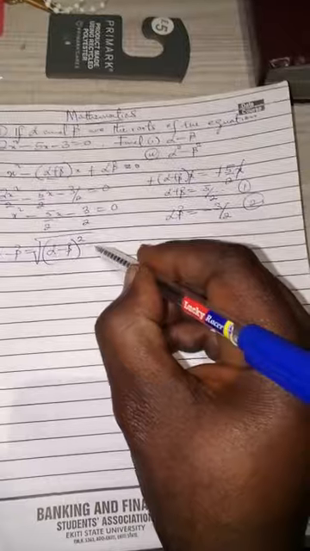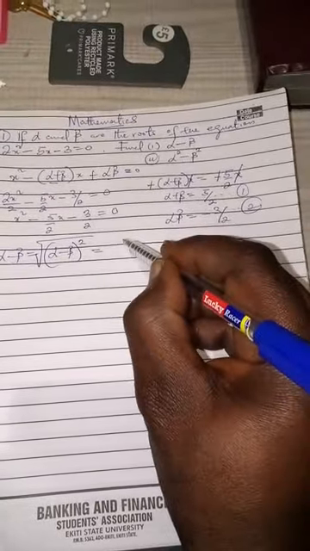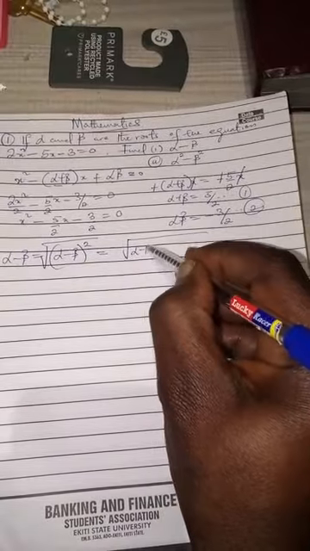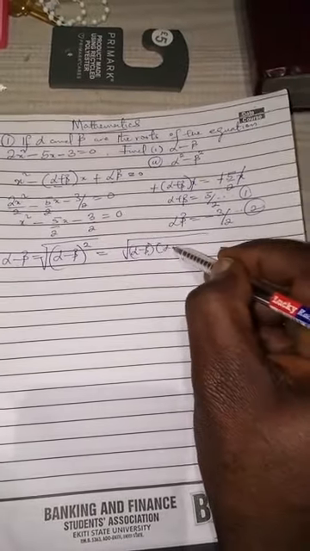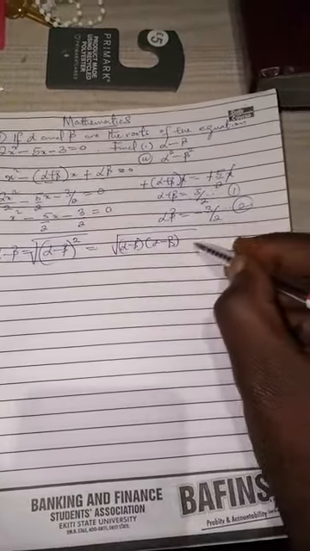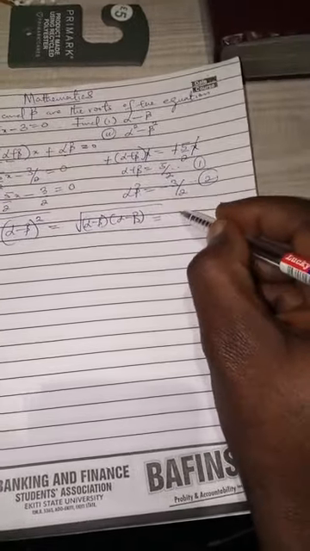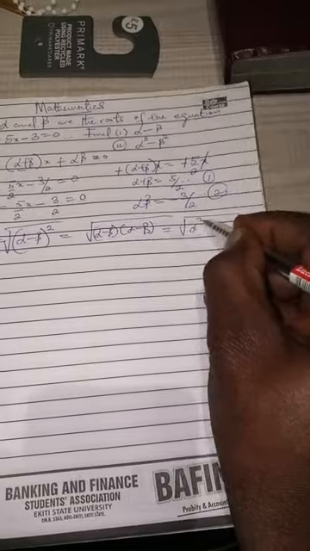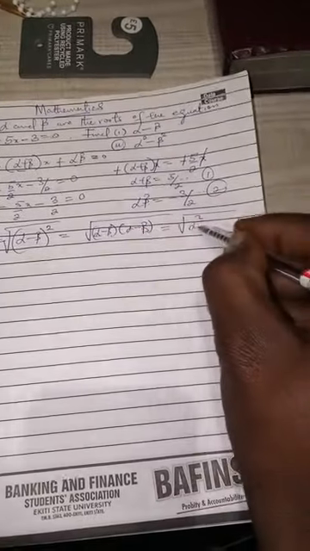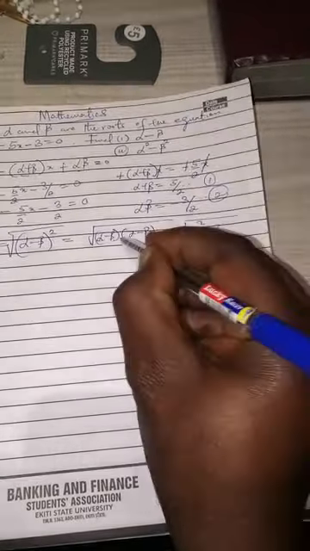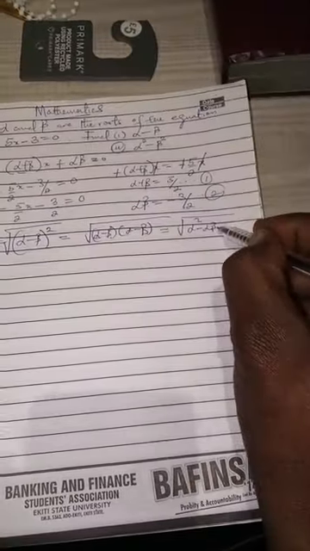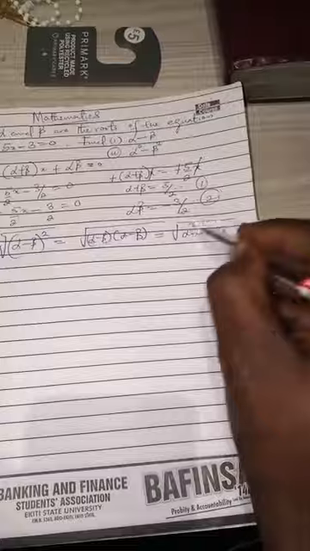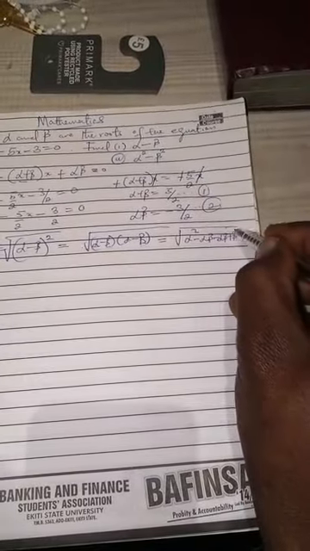How are we going to do it? You just expand it. So it's alpha minus beta times alpha minus beta. So that equals, alpha times alpha, that is alpha square. Alpha times minus beta, that is minus alpha beta. Minus beta times alpha, that is minus alpha beta. Minus beta times minus beta, that is plus beta square.